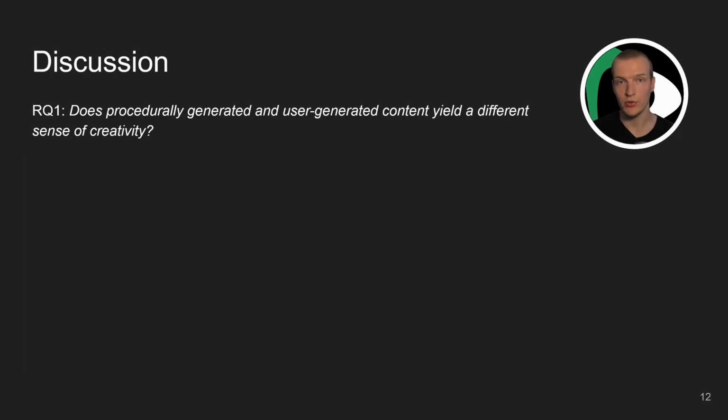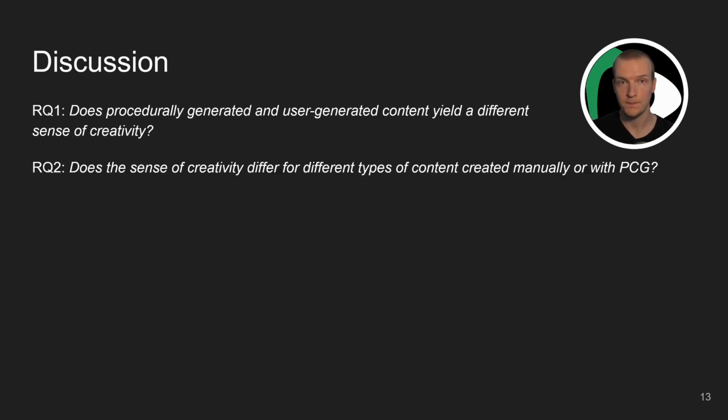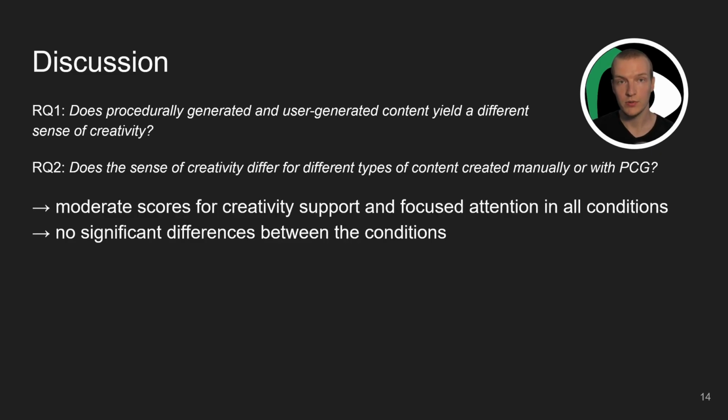So what can we learn from the data? As a reminder, our first research question was concerned with the differences in perceived creativity dependent on procedurally or user-generated content. And our second research question looked at how creativity may be impacted by different kinds of content. First of all, we found that in all 4 conditions, the prototype received moderate scores for creativity support and focused attention.